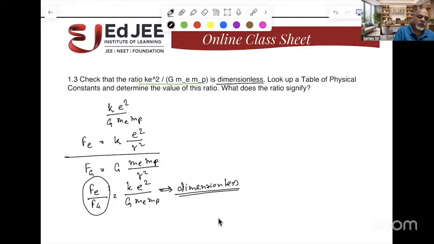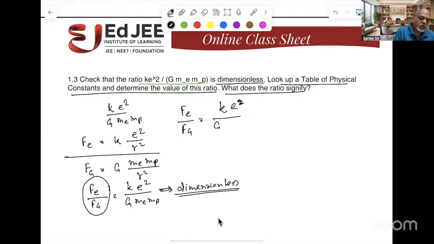Now, another part says look up a table of physical constants and determine the value of this ratio. What does the ratio signify? So let us calculate this ratio. Correct. Fe upon Fg is nothing but K e square upon G m_e m_p.